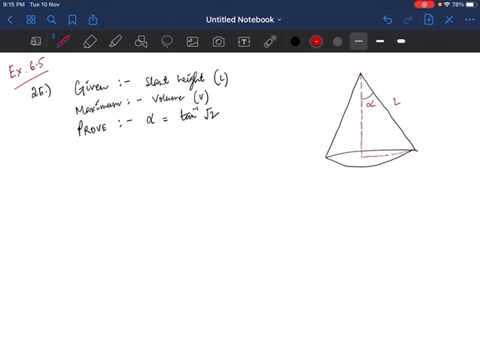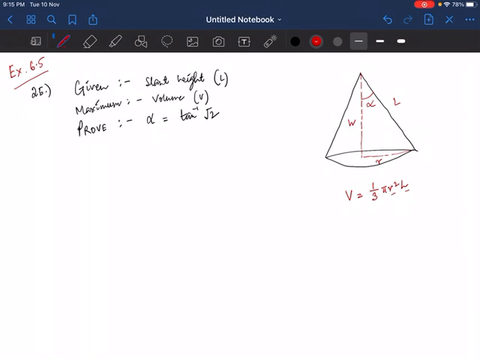Now we know that the volume of a cone is 1 by 3 pi r square h. The formula has radius and height, but here only the slant height is given. So if I take this as radius and this as height, we can express the radius in terms of the slant height.